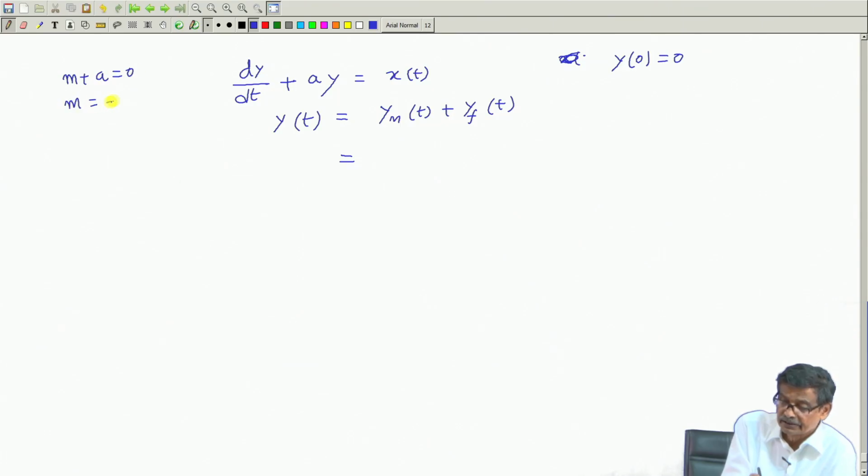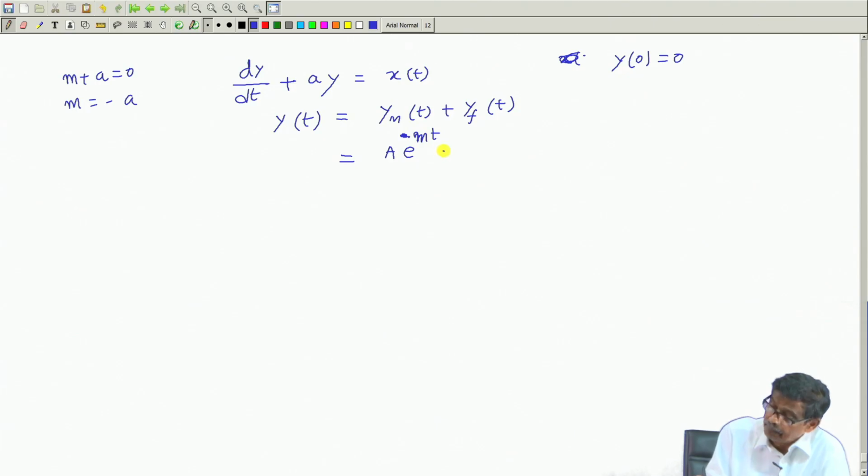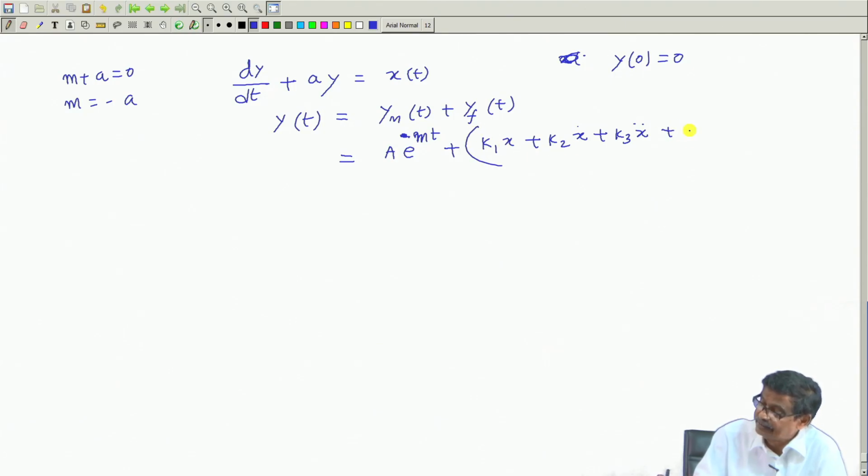You find this constant and say that it is A into e to the power minus m t, m is equal to minus a, that is all, plus the solution due to the forcing function, which will be k 1 x plus k 2 x dot plus k 3 x double dot, a linear combination of x and its higher order derivatives.